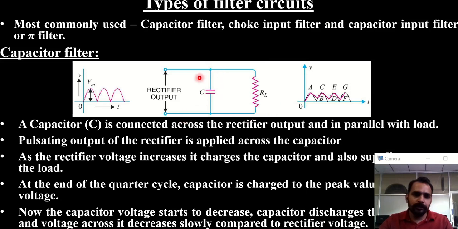Here the filter is a capacitor, connected across the rectifier output in parallel with the load resistance. This is the simplest filter circuit, and economically it is also very cheap because it needs only a capacitor to perform the filtering action.